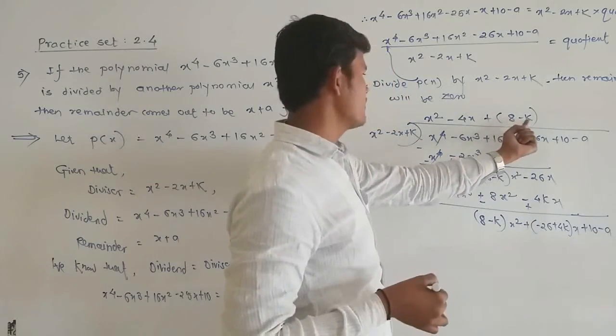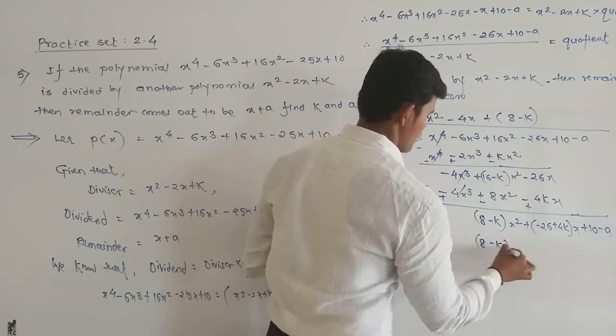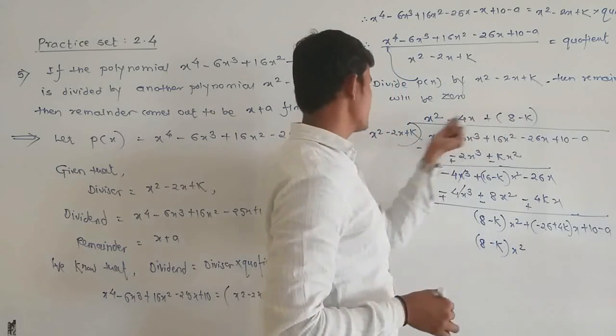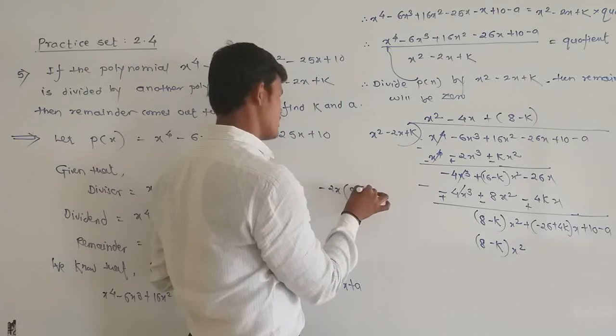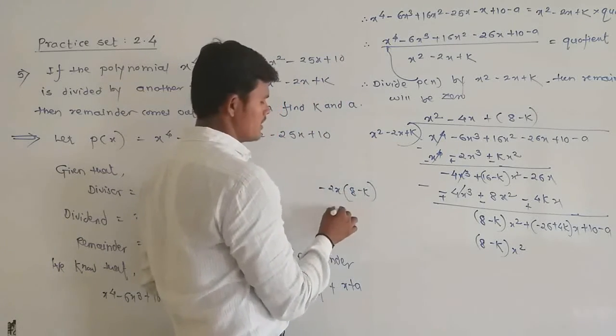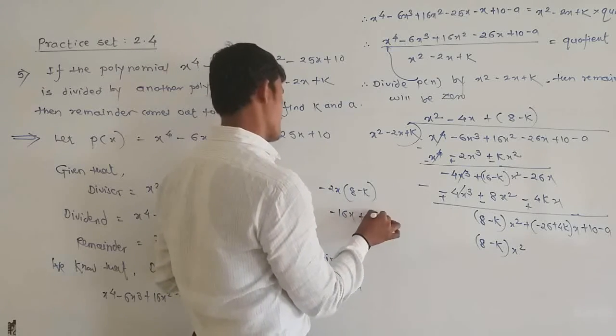After multiplying by 8 minus k, we get 8 minus k into x square, (8 minus k) x square; 8 minus k into minus 2x, minus 2x multiplied by 8 minus k is nothing but minus 2x into 8, minus 16x plus 2kx.